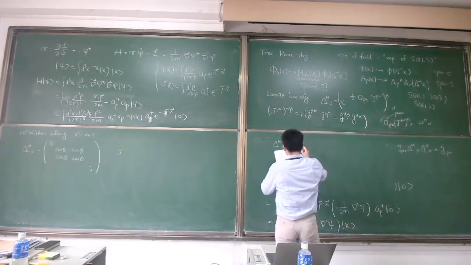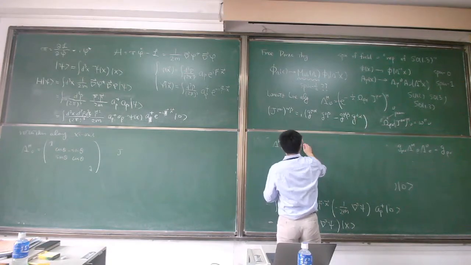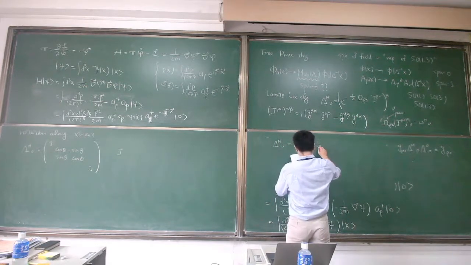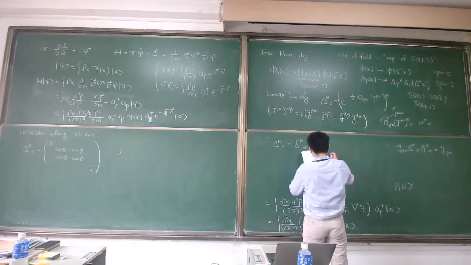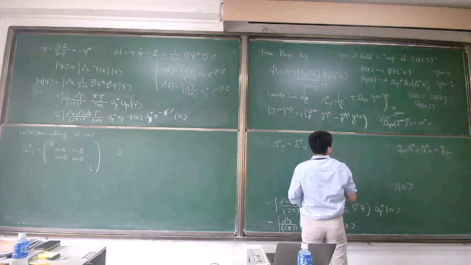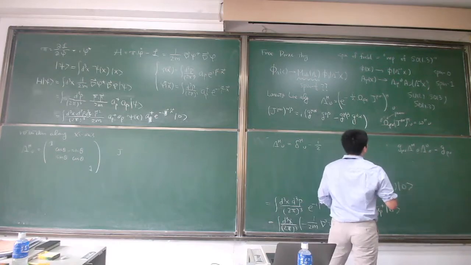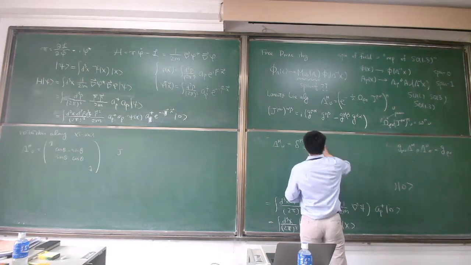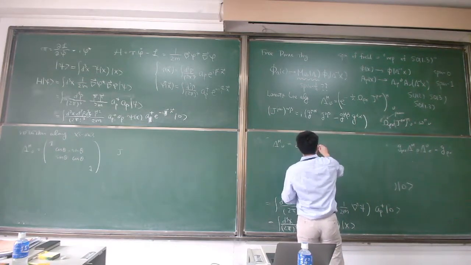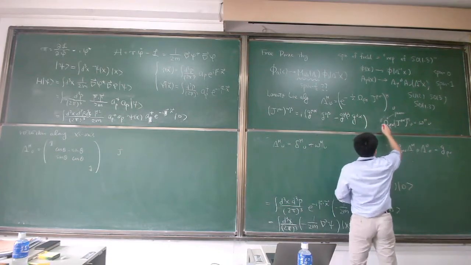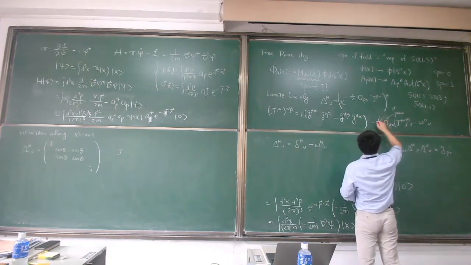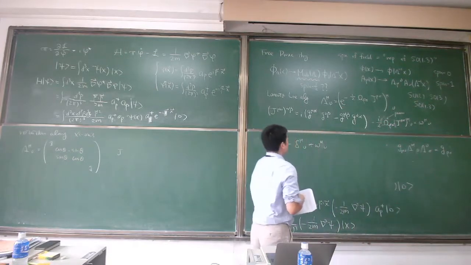Then we can write delta mu nu minus i over 2 omega mu nu. So this one should be i over 2. Then plug that into here.